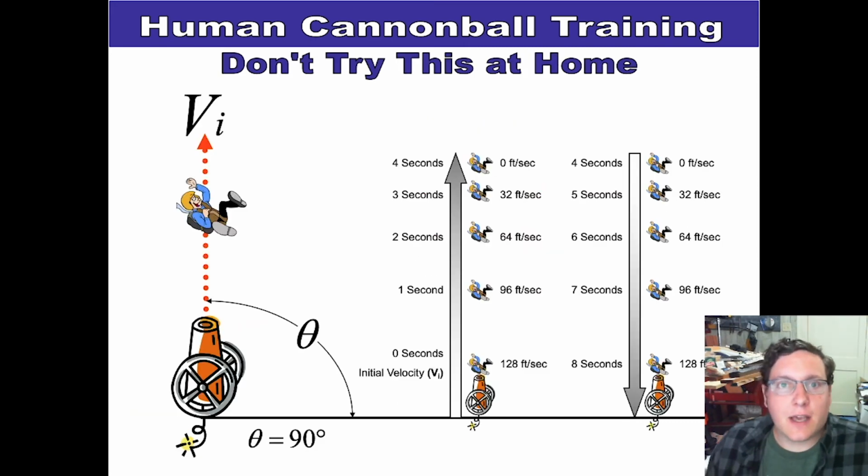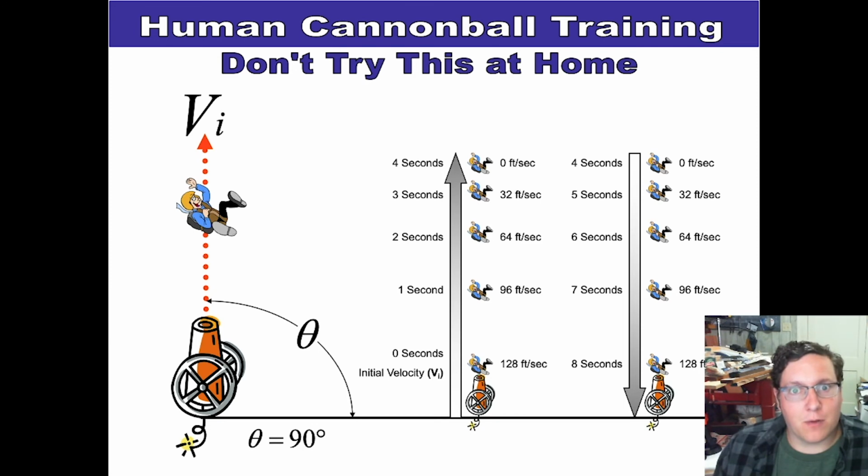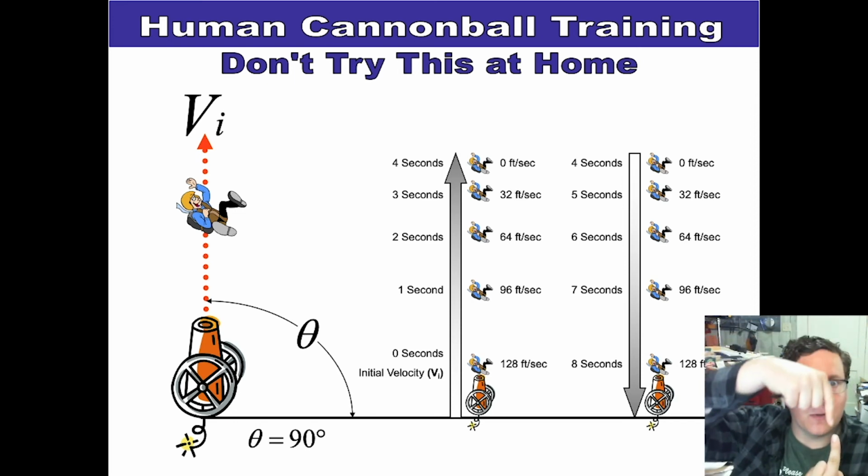Now in this case, rather than jumping out of the airplane, we're shooting straight up. So we are eliminating any left or right actions. We're only assuming that it's going straight up or down. So what happens is, if we have that initial velocity of 128 feet per second going straight up, after 1 second, gravitational pull is starting to pull downwards.